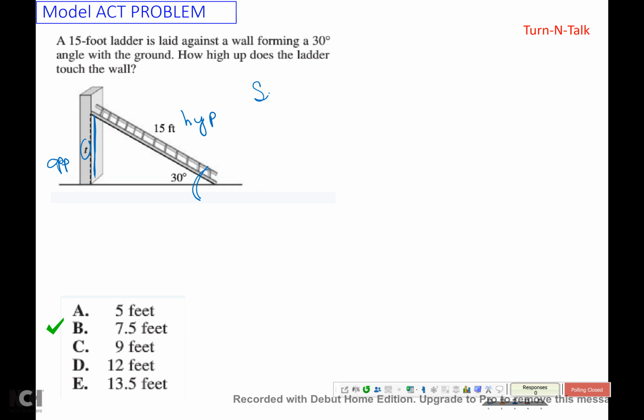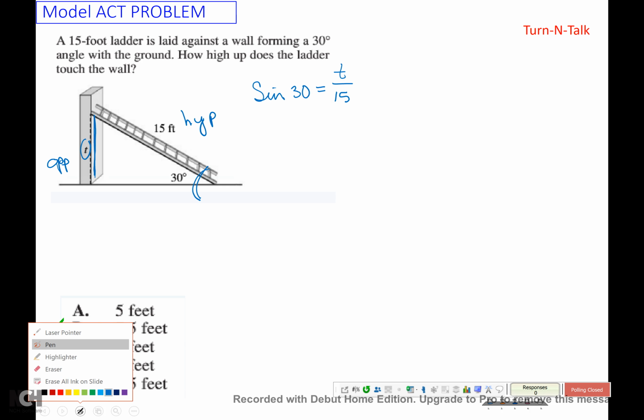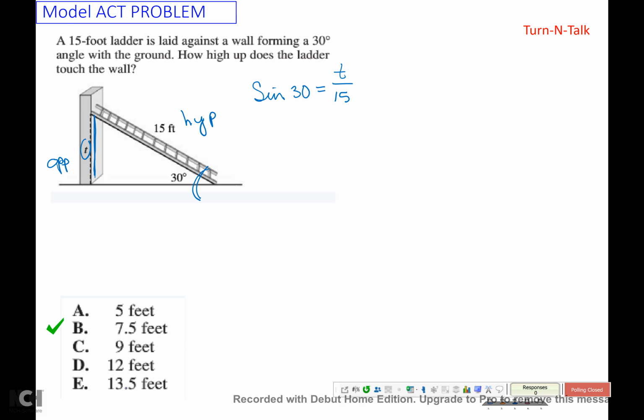So I would have sine 30 equals opposite, which is T, over hypotenuse, which is 15. So to get T alone, I would multiply by 15, multiply by 15, and I get T is equal to 15 times sine of 30 degrees.